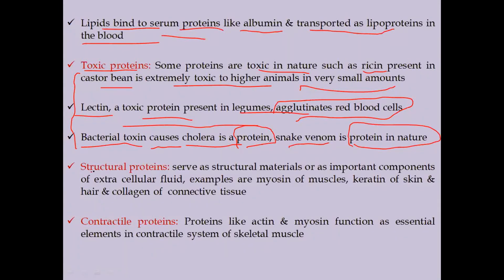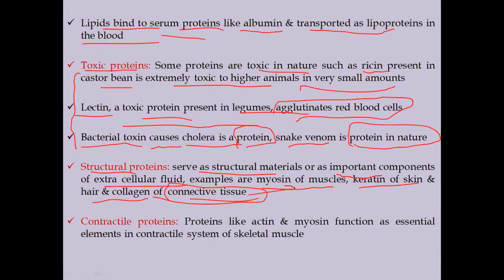The next type is structural proteins. They serve as structural materials and are an important component of extracellular fluid. Examples of structural proteins are myosins, which are present in muscles, keratin present in the skin and hair, and collagen, which is present in the connective tissue.